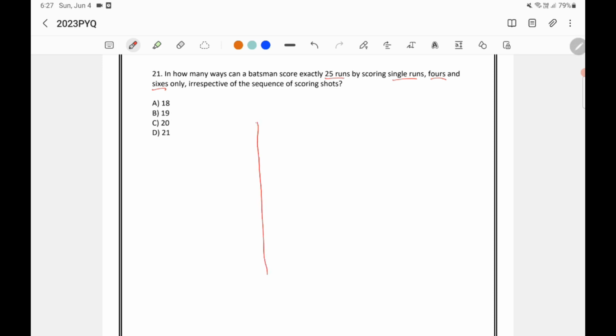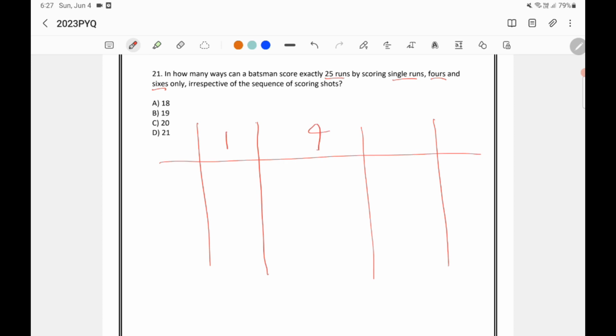Okay. In this type of question, what you need to do is divide it into cases. We can score 1 run, 4 runs, or 6 runs, and the total runs we need to score is 25. The largest number of runs we can score in one ball is 6, right?